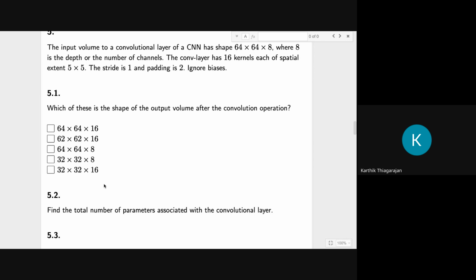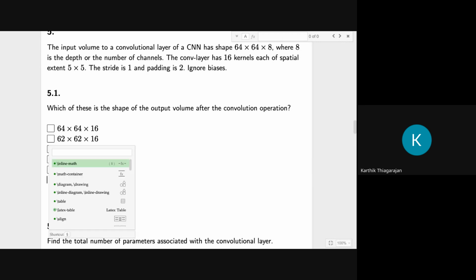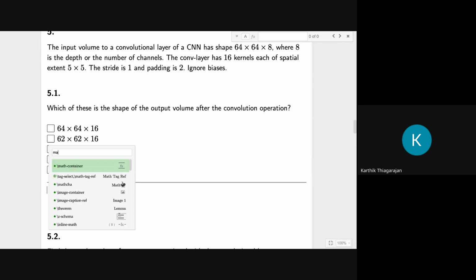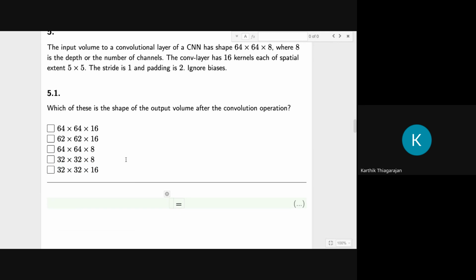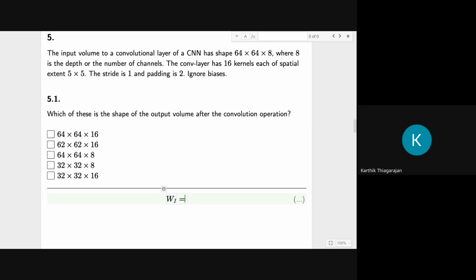Okay, so we have to find the shape of the output volume. We can translate this into variables that you are familiar with. So what is Wi? 64. What is Hi? Also 64. What is depth Di? 8.